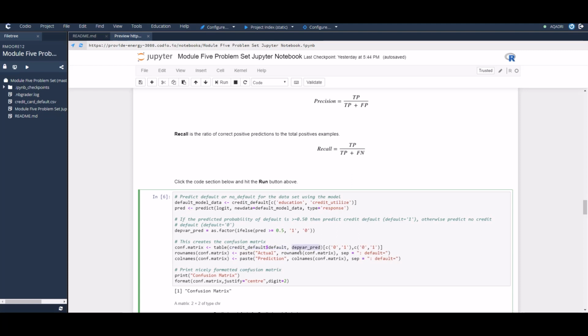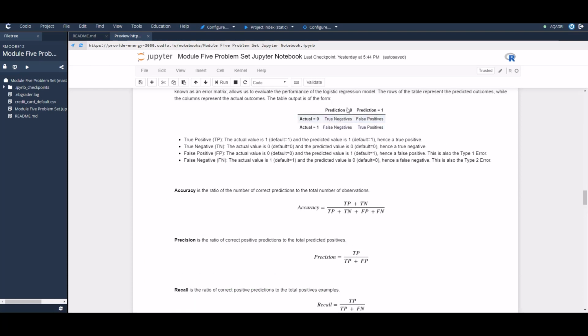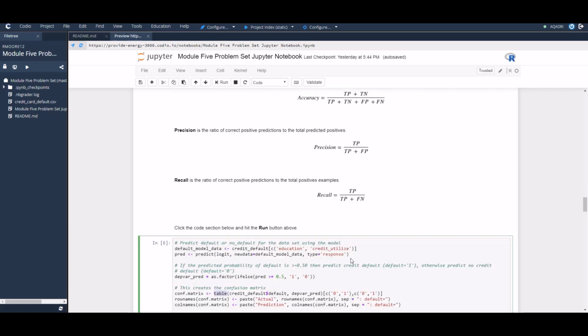And we would then take the predictions that were calculated here and put them here. And then these two are input to the function table. So this would create a table just like the confusion matrix. And we can then label the columns and the rows like that. Okay, so this would be the 0, 1, and the 0, 1.